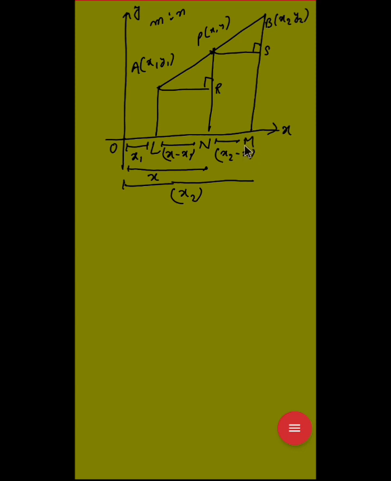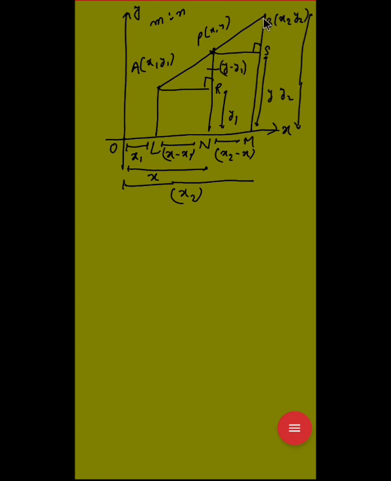In a similar manner we find the distances from point B. From this point to this point we have y2. From this end to this end we have y1, and from this point to M point we have y as the distance. So this whole unit minus this unit is y, and this is y1, so this will be y minus y1.